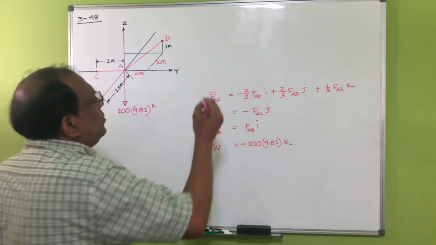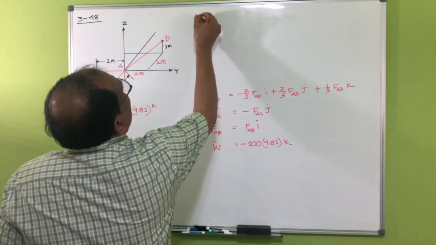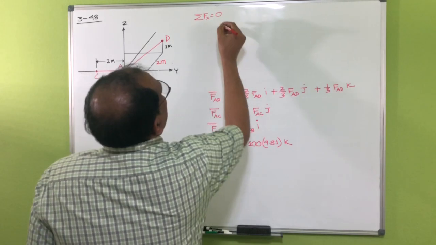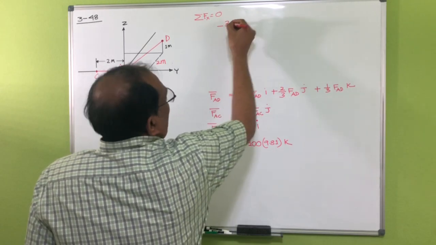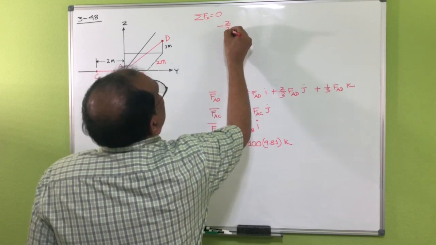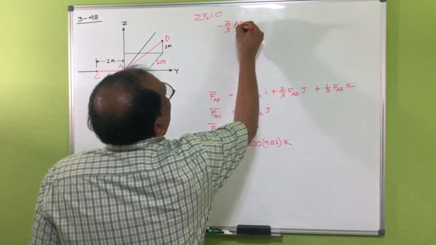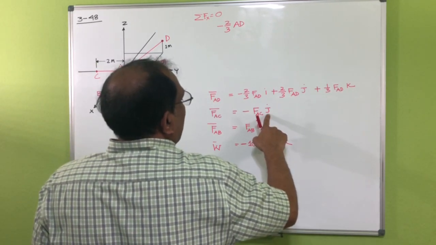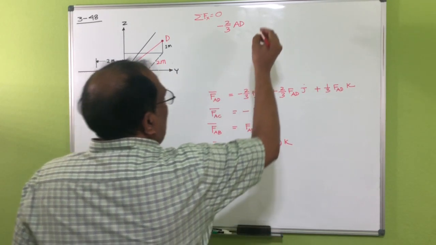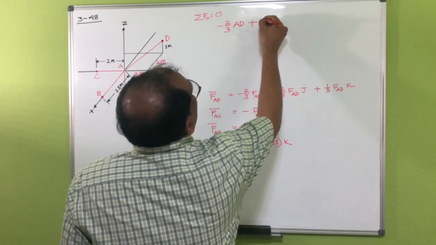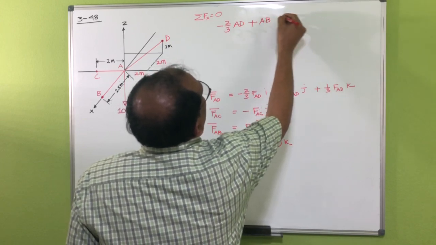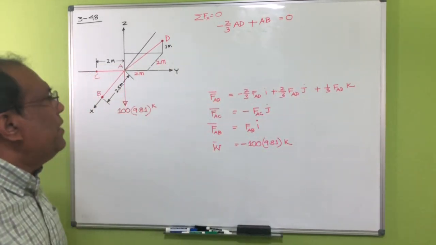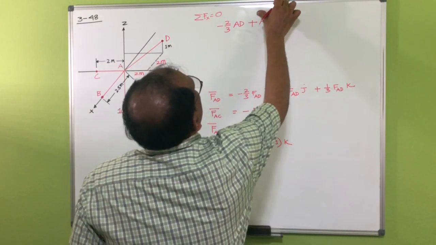If I do that, you can see summation of Fx equal to 0, so you can see minus 2/3 of FAD, then I don't have any other component here, and then plus FAB, equation number 1.